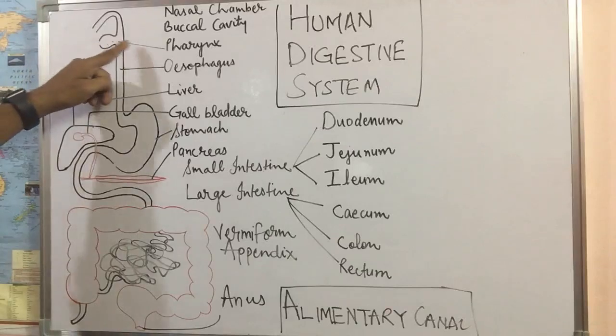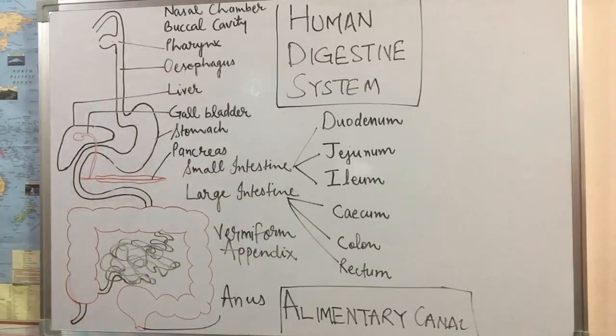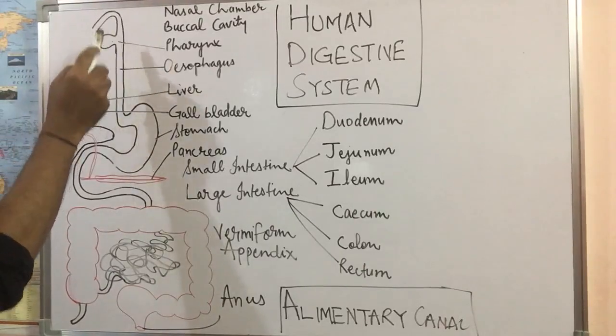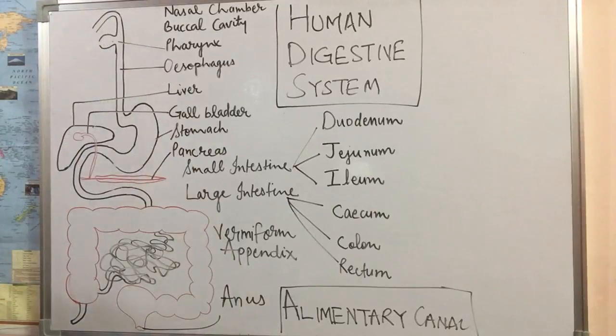Then this is the pharynx. The pharynx is a structure where the nasal chamber and buccal cavity meet. See here, this one is the nasal chamber, this one is the buccal cavity, and where they meet, it is known as the pharynx. Below the pharynx there is the oesophagus.